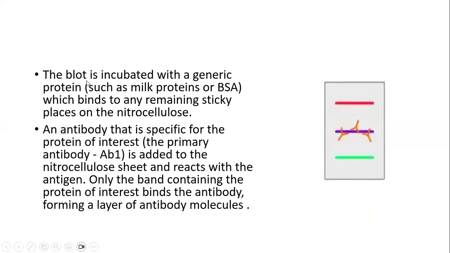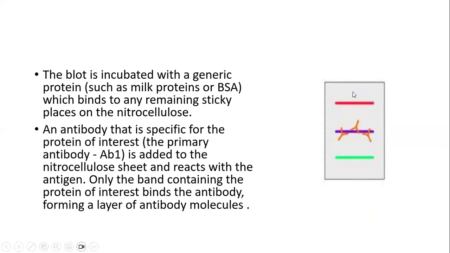Then the next step is incubation with a generic protein, such as milk powder or BSA. These molecules basically mask the surface of the membrane, otherwise the antibodies have more tendency to bind at random locations.